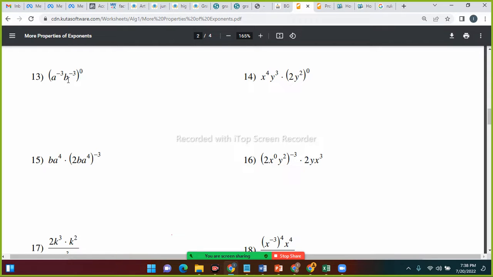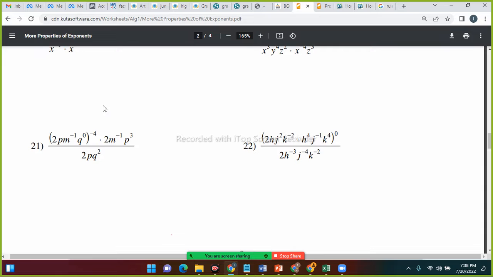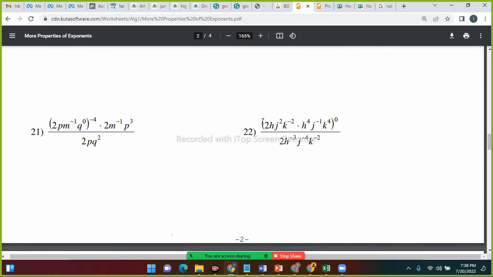They both raised to a power, and then on the outside 0, so that means their power would be 0, and that means it would be equal to 1. Exactly, it's 1. Everything inside, and we have to the power of 0, it's a 1. So we don't have to worry about that one. The same one too, up top. All of this is 1.